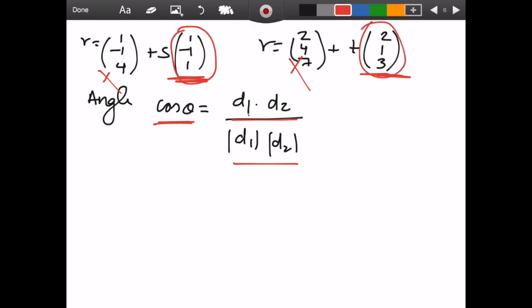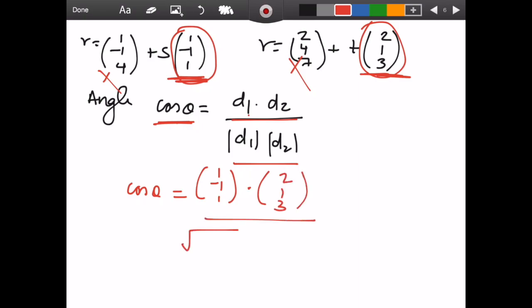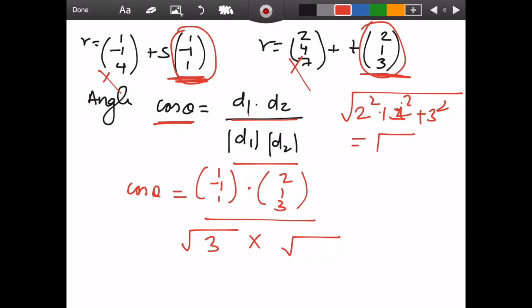So immediately figure out the angle: cos theta is going to be (1, -1, 1) dotted with (2, 1, 3), over the magnitudes. So it's going to be root 3 times root of 2 squared plus 1 squared plus 3 squared, which is root of 4 plus 1 plus 9, root 14.